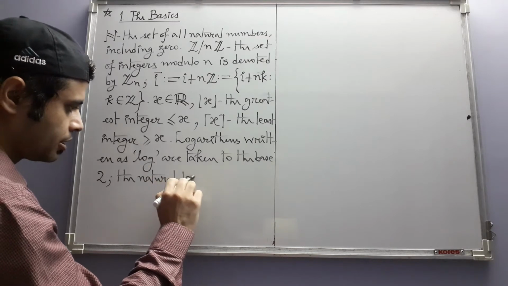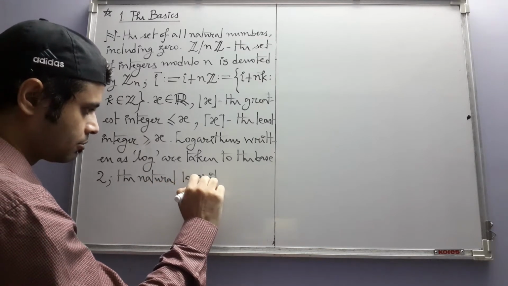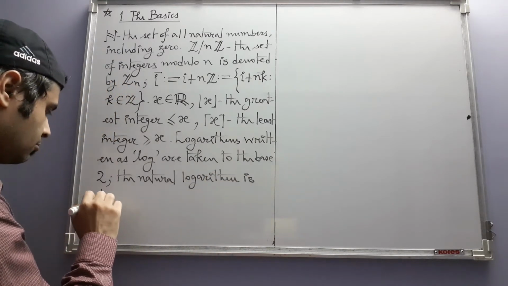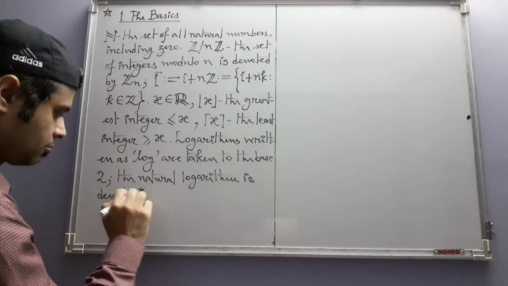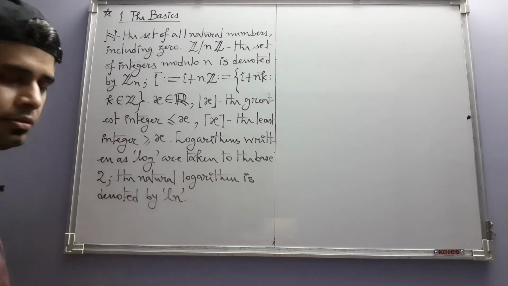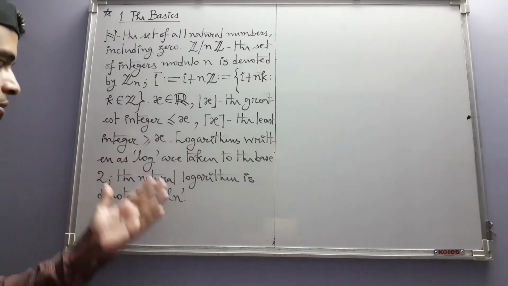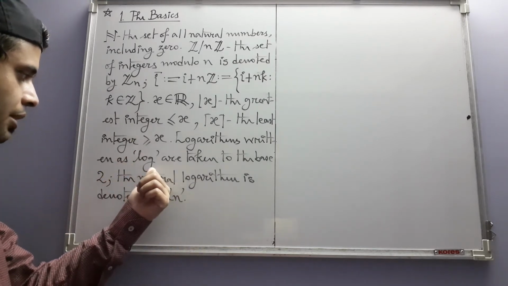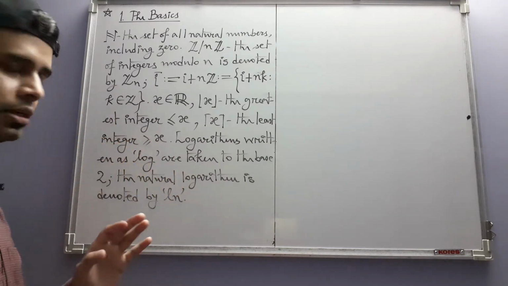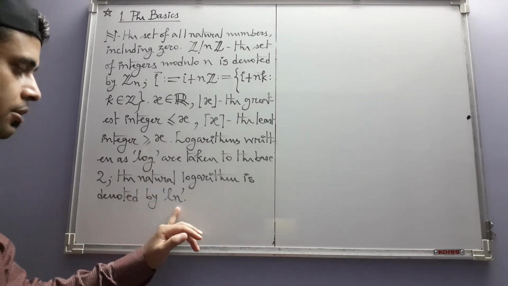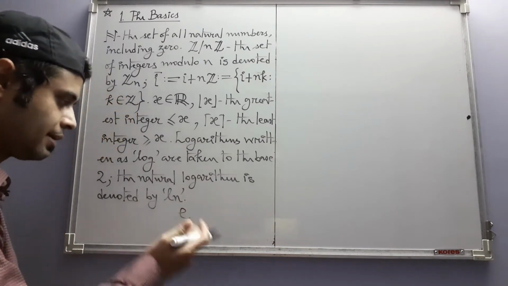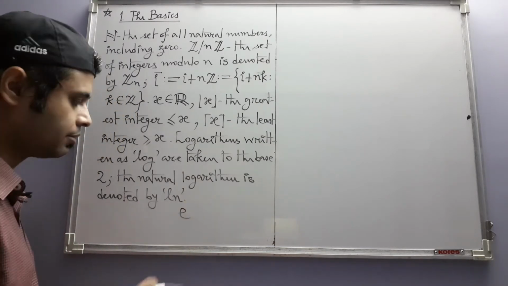The natural logarithm is denoted by ln. Okay, so if we see log without any number as suffix, then we have to assume that the base is 2, and the natural logarithm, whose base is the transcendental number e, is, as usual, denoted by ln.